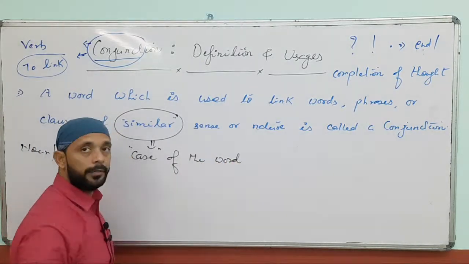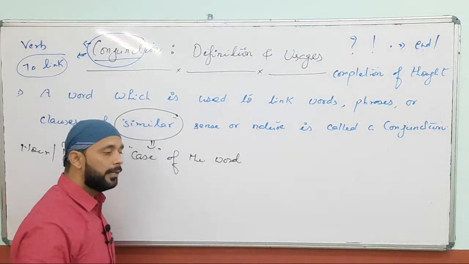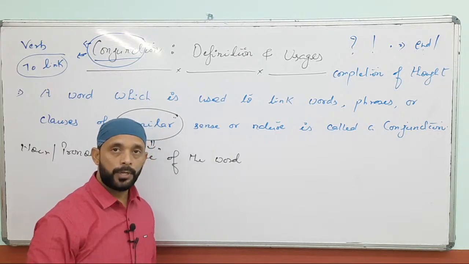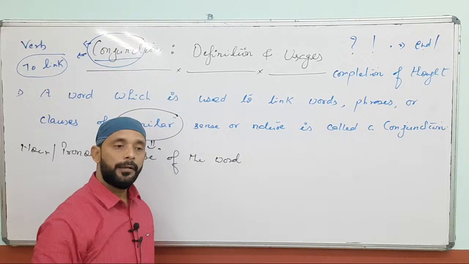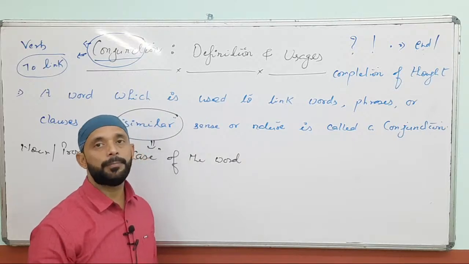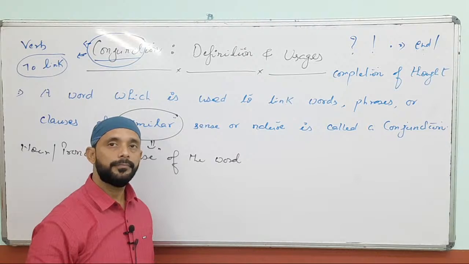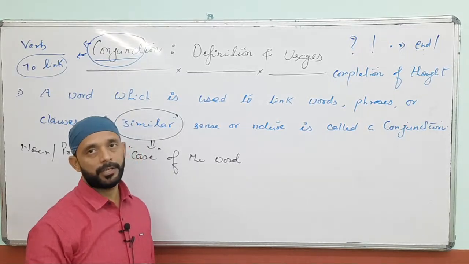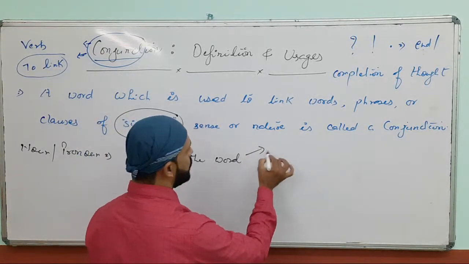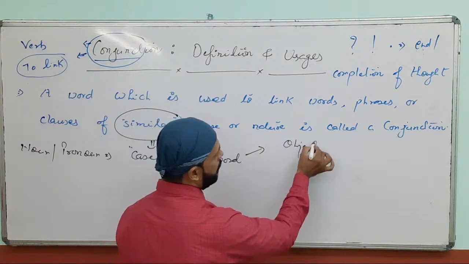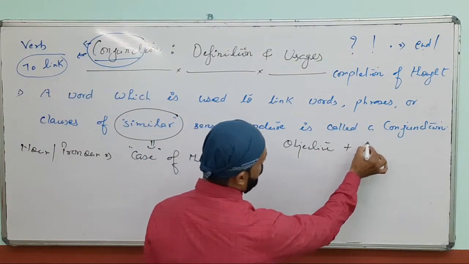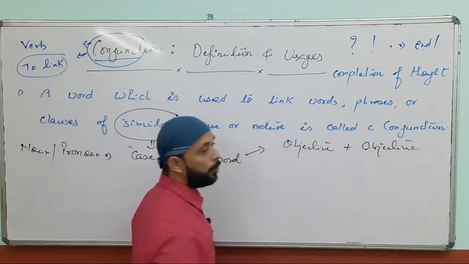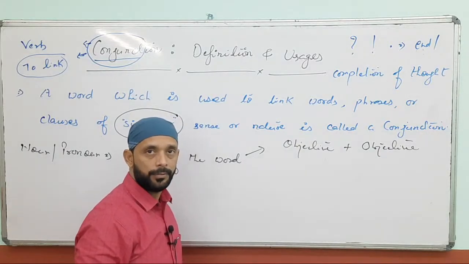I think you understand. In a noun you find nominative case, accusative case, possessive case. So a possessive case is linked with another possessive case. An objective case is linked with another objective case. You cannot link one objective and the next subjective.